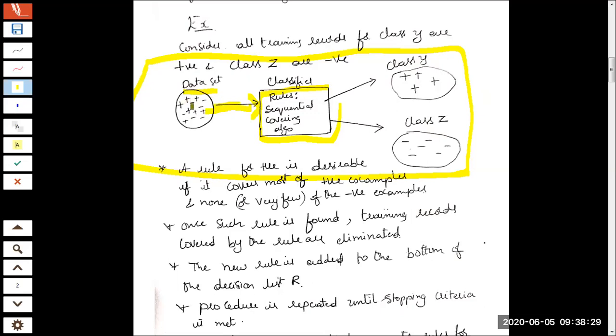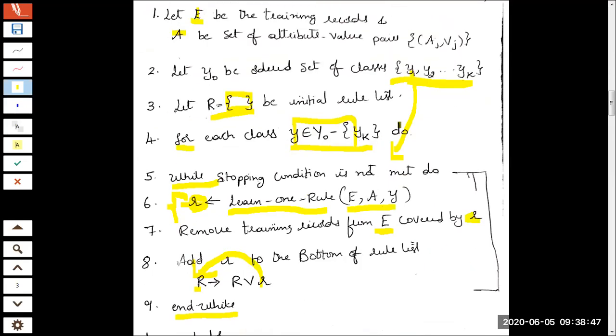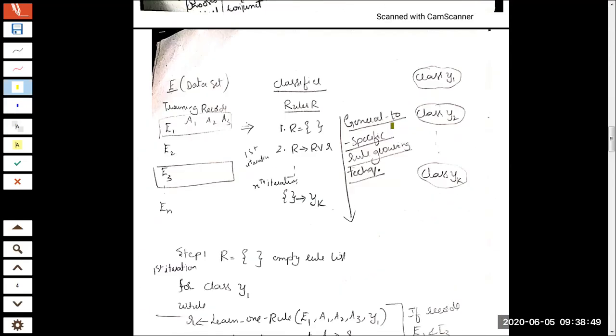Data set is a collection of records with positive and negative symbols. My requirement here is I need to classify it into class Y and class Z. Class Y will contain positives and class Z will contain negatives. So I need to build a classifier for the same.